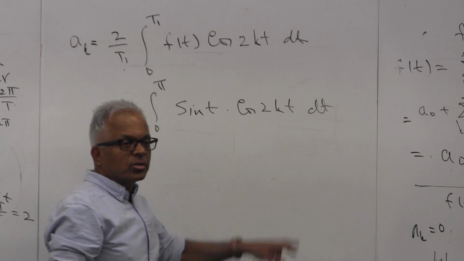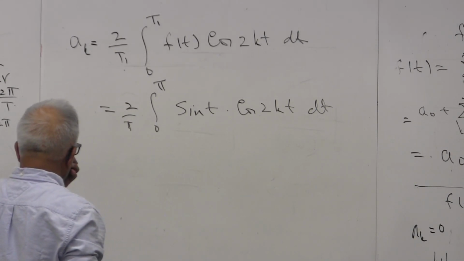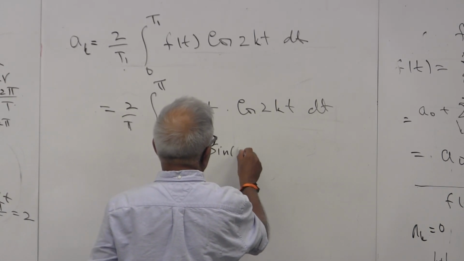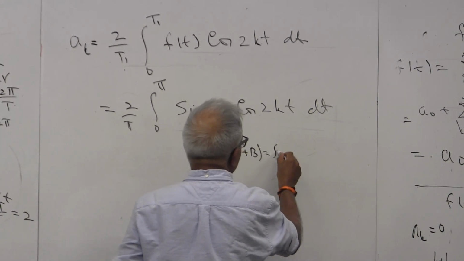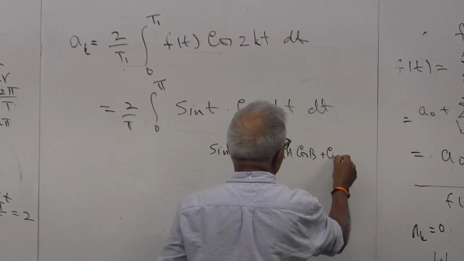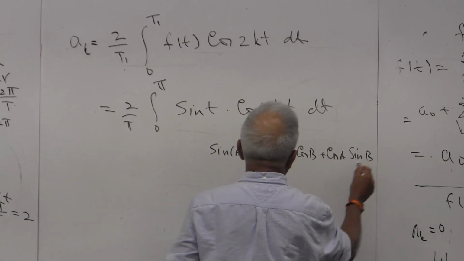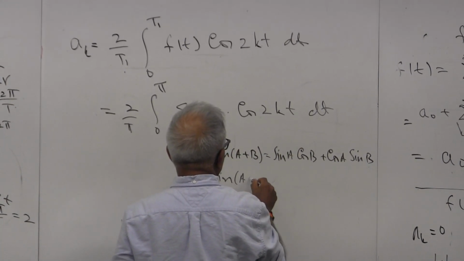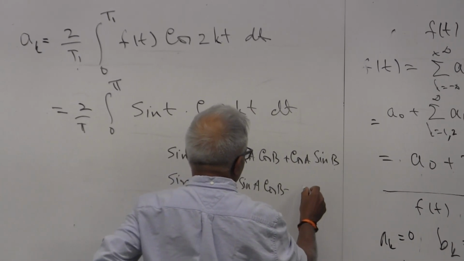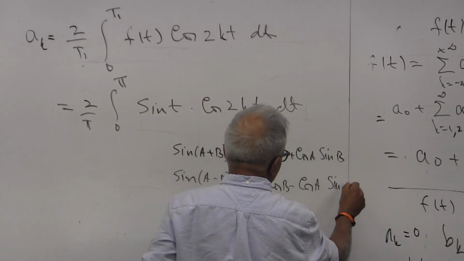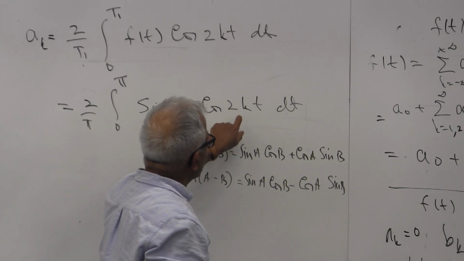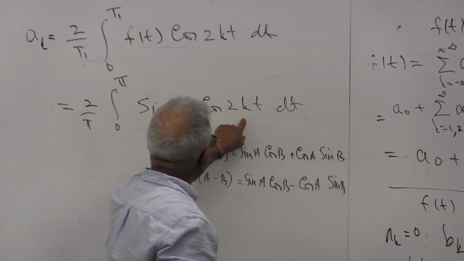So how do you do this integration? You have to use sine of A plus B, which is sine A cos B plus cos A sine B. Either way you can read it, as cos 2t sine t.